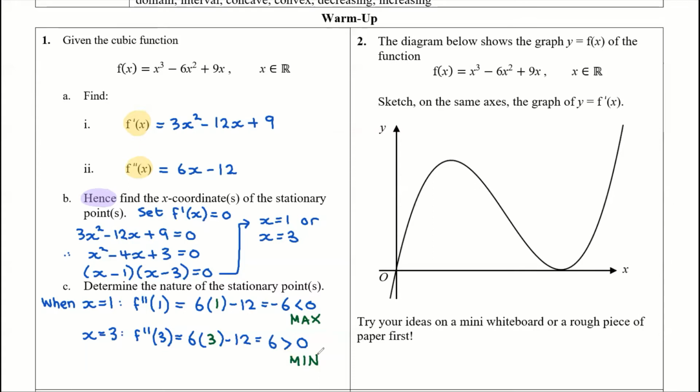So recall that the gradient function, which we worked out, is right here. So we're going to have to sketch this graph on the axes that we've been given. Now, if we just have a look at that, we've got a lot of information that we've already deduced. We know it's a quadratic, first of all. We can see that it's a quadratic.